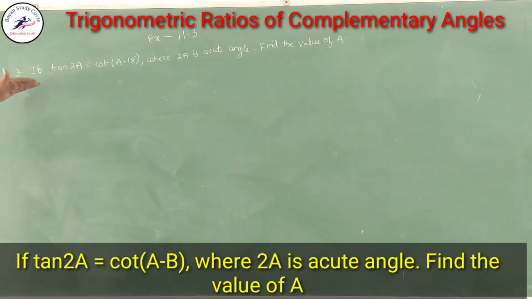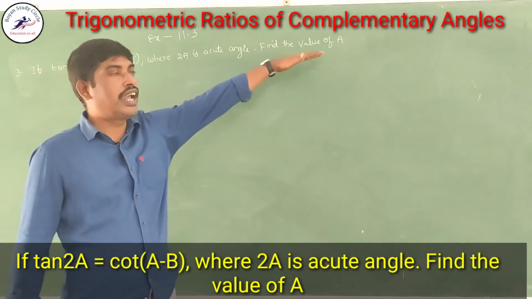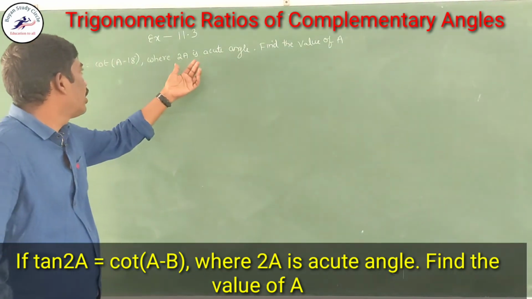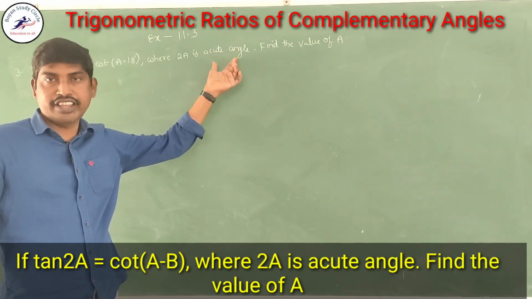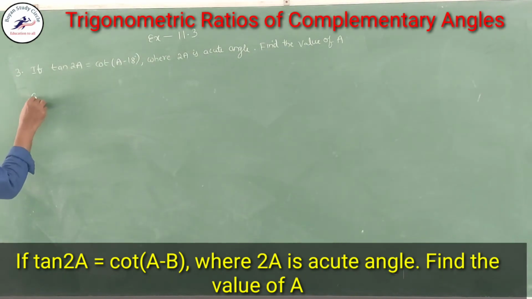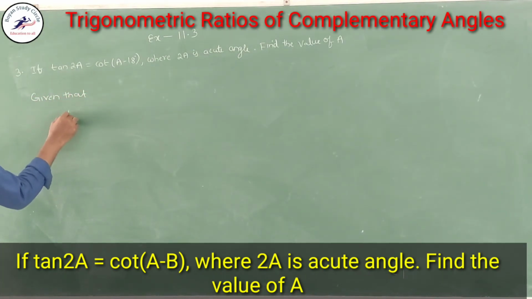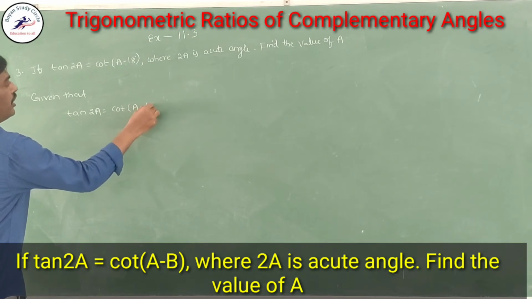Okay. Third problem in exercise 11.3, tan 2a equal to cot a minus 18 degrees, where 2a is acute angle, find the value of a. So here 2a is acute angle means the angle less than 90 degrees. So first write what is given. Given that tan 2a is equal to cot of a minus 18 degree.